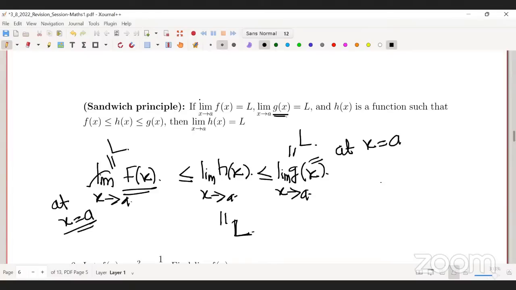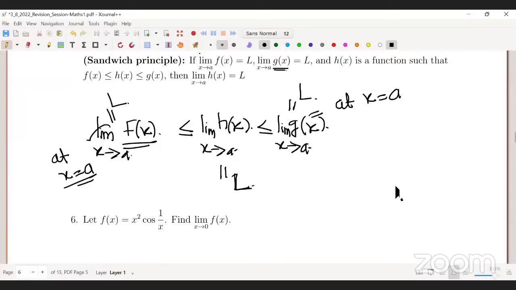Can you please make some graph of these three functions, f of x and g of x? Yes, sir. The problem with this graph is that it is difficult to draw, because at x equal to a you can't differentiate the graphs. They are so close.